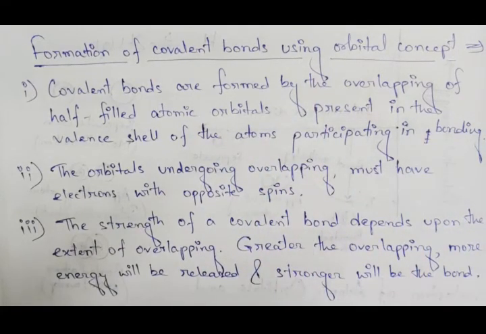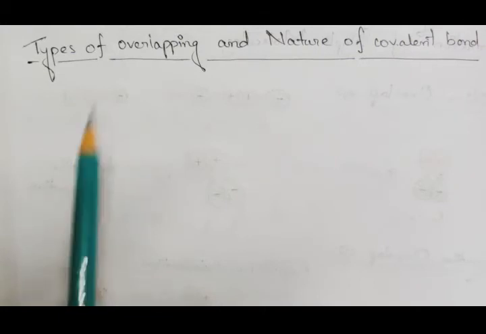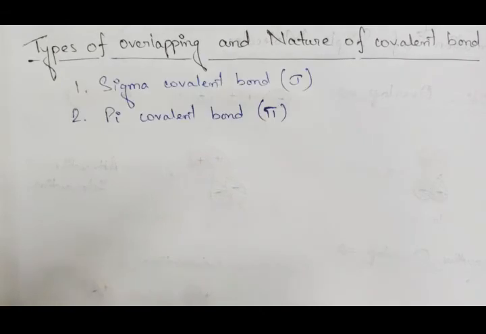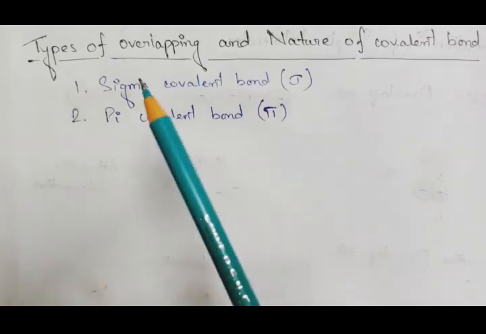Now covalent bonds can be classified into two different categories depending on the type of overlapping. The type of overlapping tells us the nature of the covalent bond, and the two separate types of covalent bonds are the sigma bond and the pi bond. Let's discuss the sigma bond first.